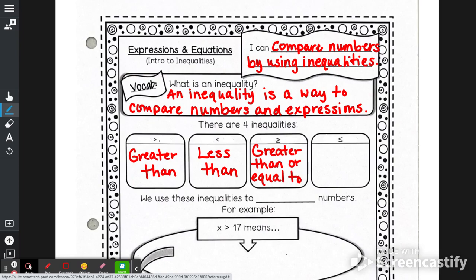So as we're moving more into algebra, you're going to start seeing this more often. You might solve an inequality where it says, what is x? Well, x can be greater than 5, but it could also be equal to 5. So this stands for greater than or equal to. And then, of course, our last one is going to be less than or equal to.